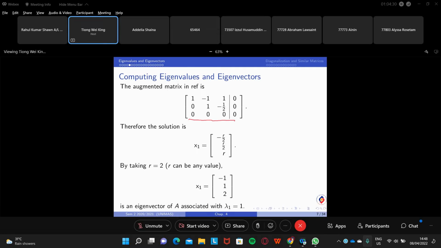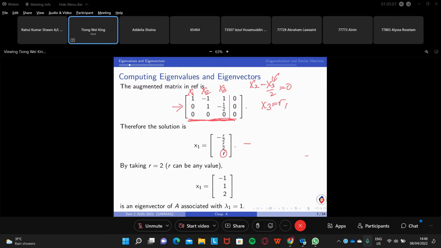If you apply the Gaussian elimination, we get the augmented matrix in REF form. Remember here we have x1, x2, x3. From the second row, we know that x2 minus x3 over 2 equals 0. We do not know what x3 is, so we label x3 equals r, any real number.